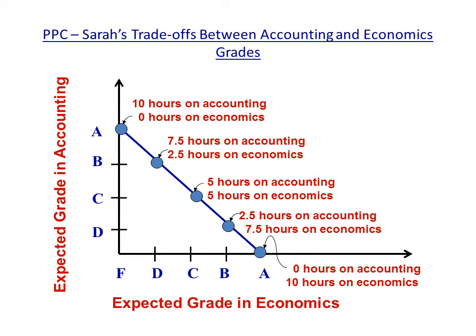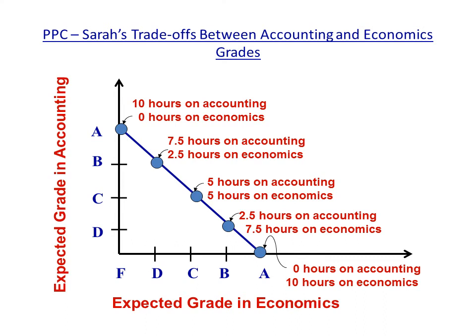Sarah's production possibility frontier graphs as a linear curve or as a straight line. Whenever you experience a production possibility curve that is linear, that graphs as a straight line, it tells you that there's constant cost along the curve. In other words, every choice means that there's the exact same trade-off, the exact same cost for this particular person, right? And here's the reason.